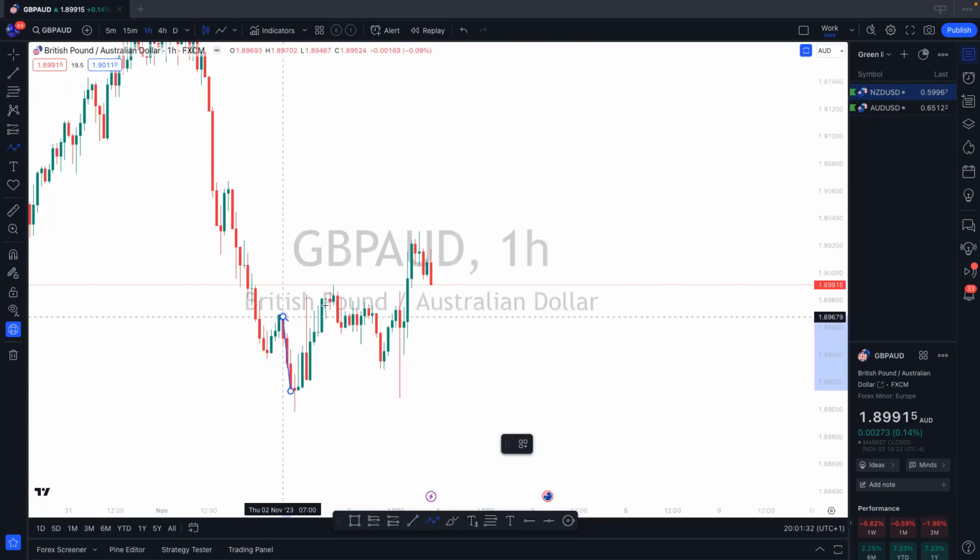Now, instead of creating a lower high, price went up and broke above that lower high there. Then we created a higher low and then a higher high. Now it looks as though price is retracing to create a higher low and then a higher high.